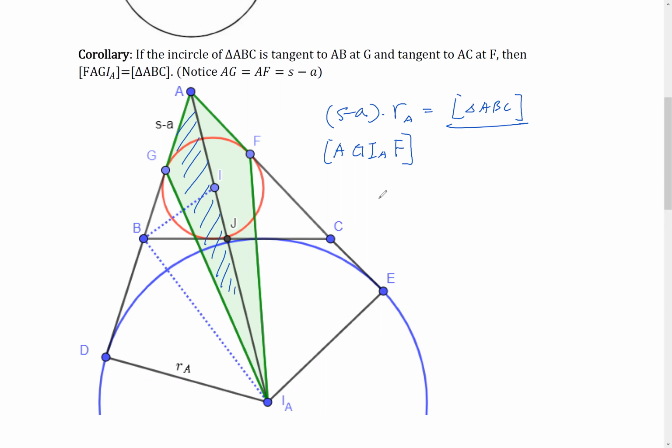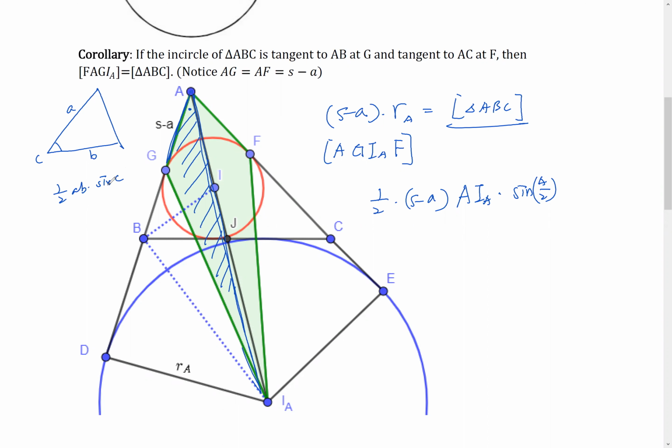The area of this triangle is half (s - a), this side, times this long leg, AIA, times the sine of this angle, half A. If I give you a triangle with sides a and b here, and this is angle C, then its area is half ab sin C. That's what we do here.